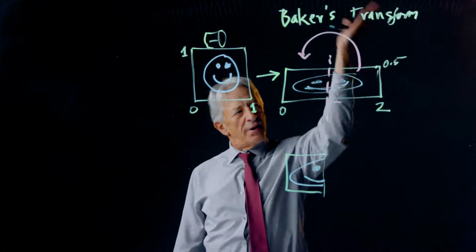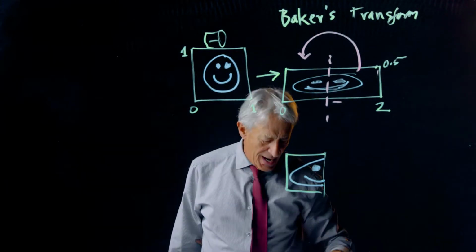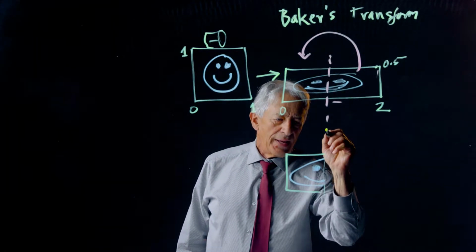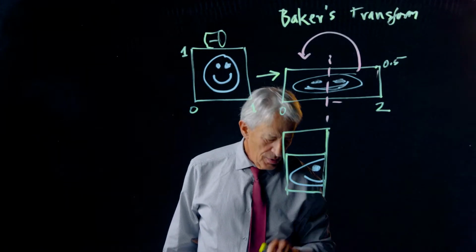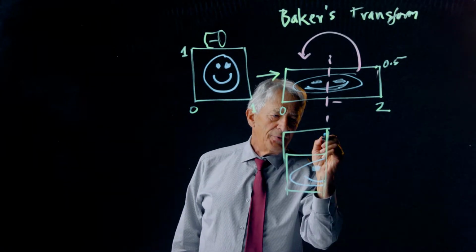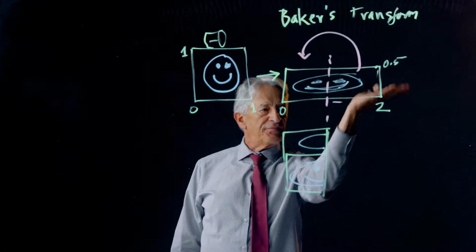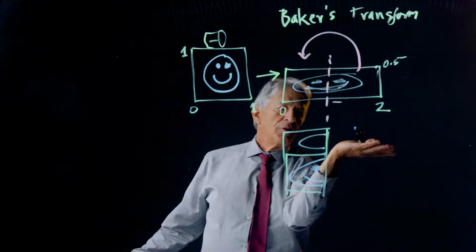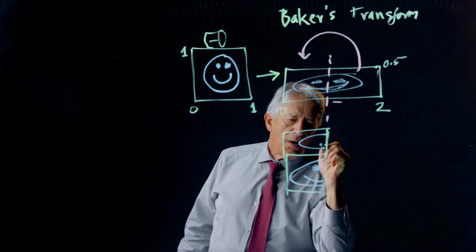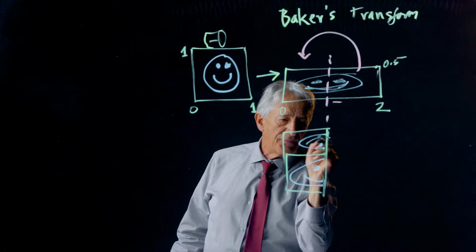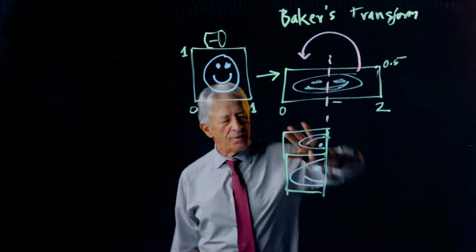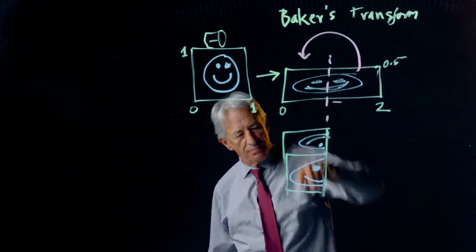And then the other half is going to go up on top, and it's going to look like the other half of the face, but as you see, the eye is now on the bottom, and the other half of the mouth is up like that because we folded it up this way.